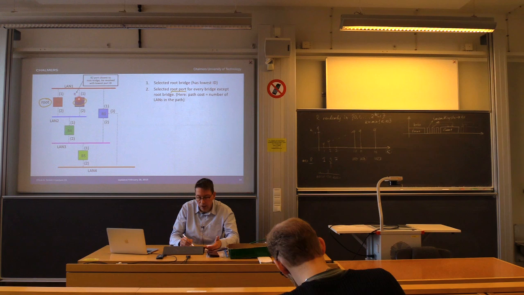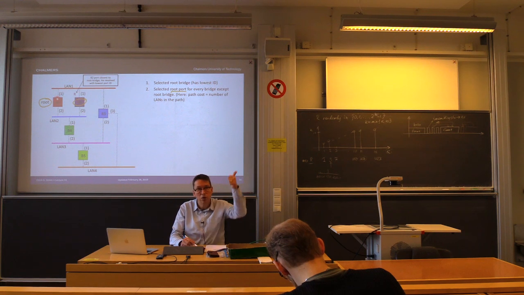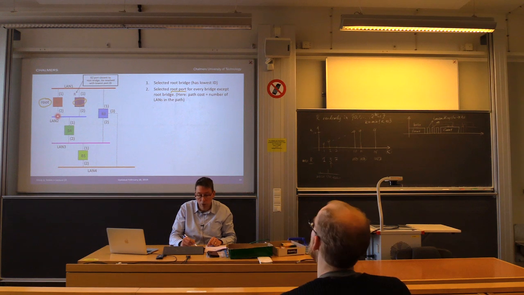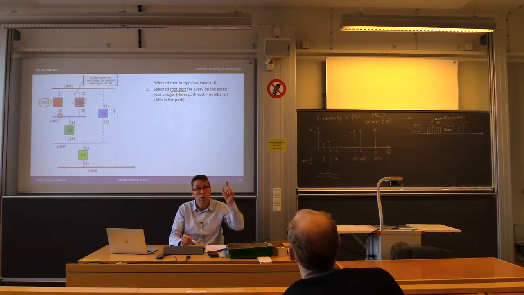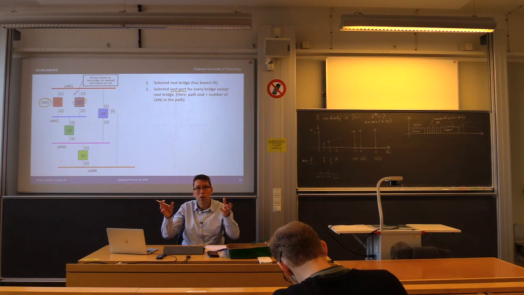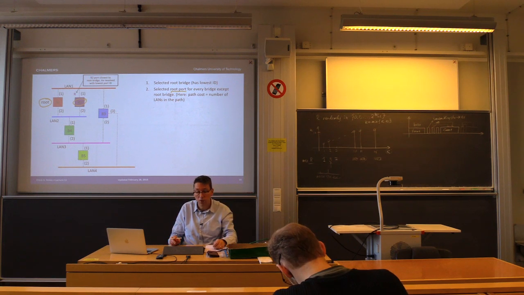If I go over 1, I need to go over 1 LAN, so that's cost 1. If I go over LAN 2, I also have cost 1. So I have 2 ports which are equally good, but I have to select one. So I select the one with the lowest number. Okay, 1 is less than 2. So now I know I have the root port like this.